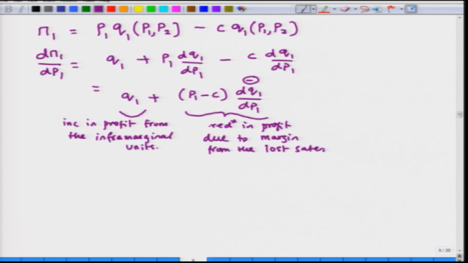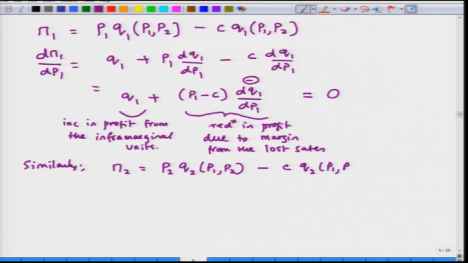These are the two terms, and the necessary first order condition is that firm 1 takes the derivative of the profit function with respect to P1 and sets that equal to 0. Similarly, firm 2's profit π2 is going to be P2 times Q2, which depends on the price of good 1 as well as its own price, minus C times Q2 of P1, P2.